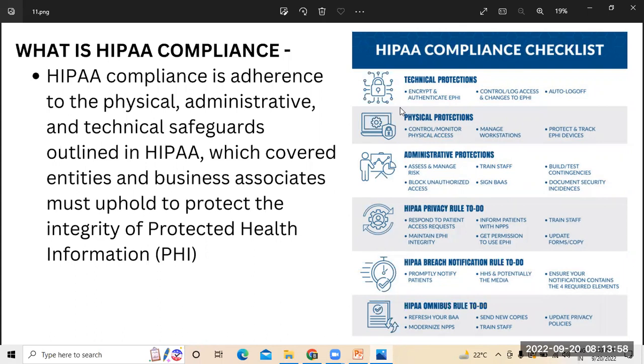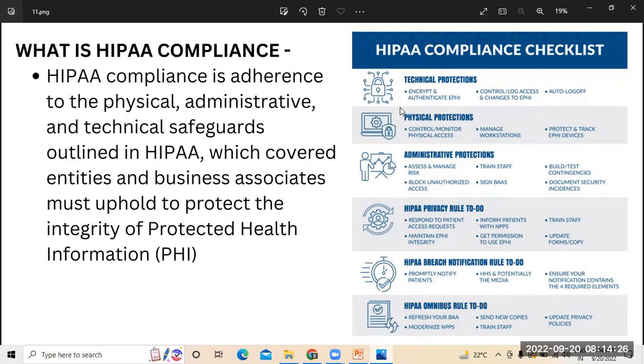Technical protection majorly focuses on encryption and authentication of the health information of individuals. That is the first point.